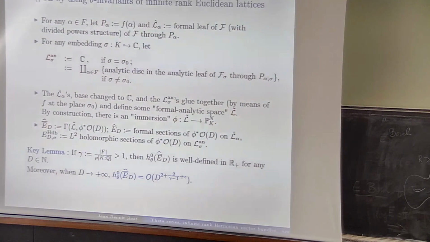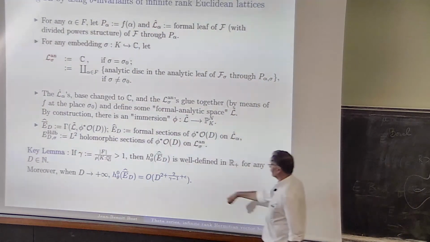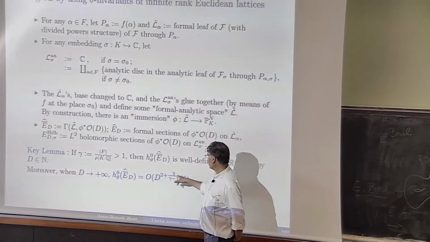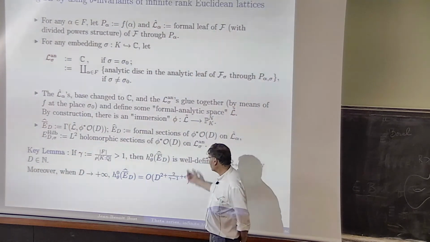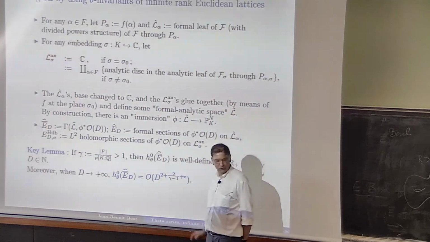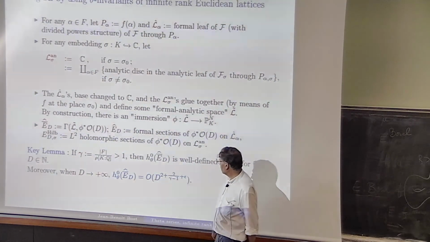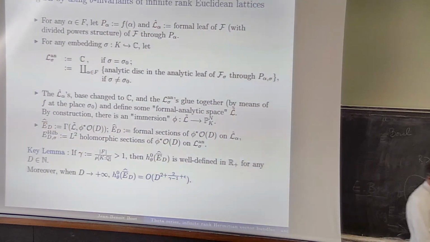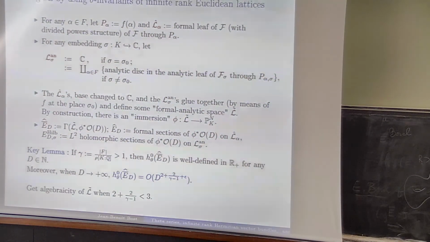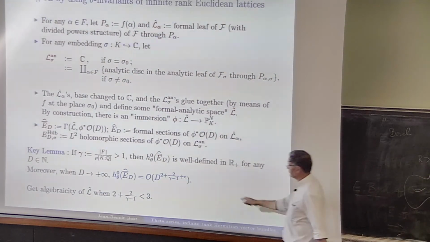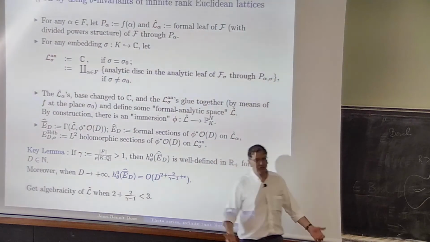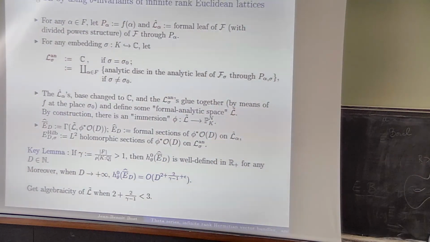And actually, you find that it grows like some power of D with some exponent, which is rational, non-integral. And you may conclude the proof, if this exponent is smaller than 3, as before by comparing Hilbert polynomials.